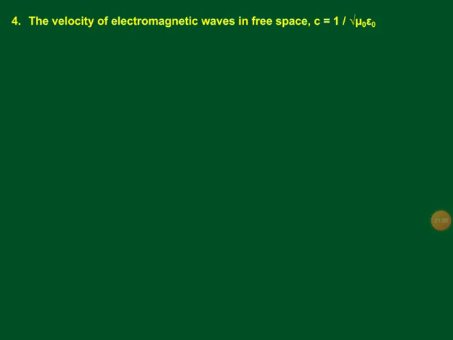Okay, this is for the speed of light in terms of what? Mu naught and epsilon naught. As I told you, had it been in some other medium, then instead of epsilon naught and mu naught, it would have been mu and epsilon only.